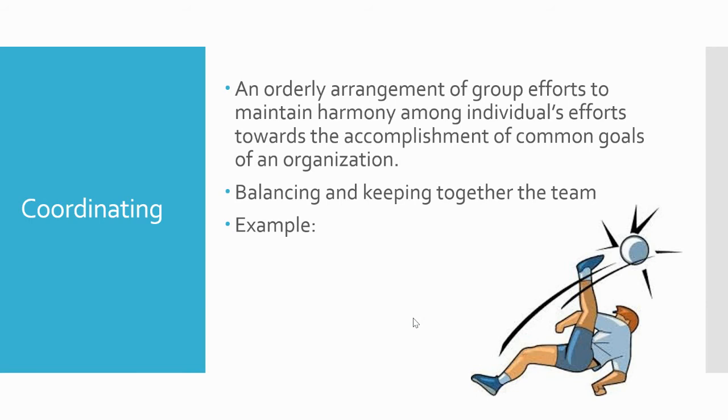In and around the organization as well, in order to achieve the business objective, it is very important to maintain coordination. The coordination will ensure the balancing between the team, as well as ensure the harmony is maintained in the organization.